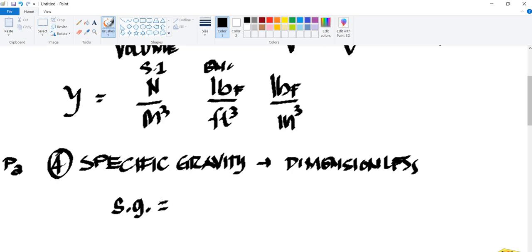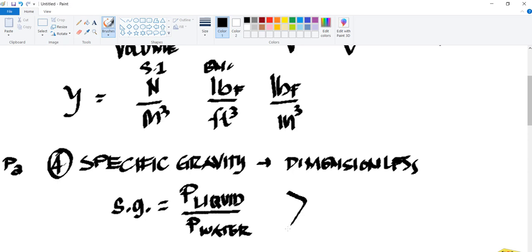We can express specific gravity as the density of the fluid divided by the density of water. Sorry, this is for liquid.